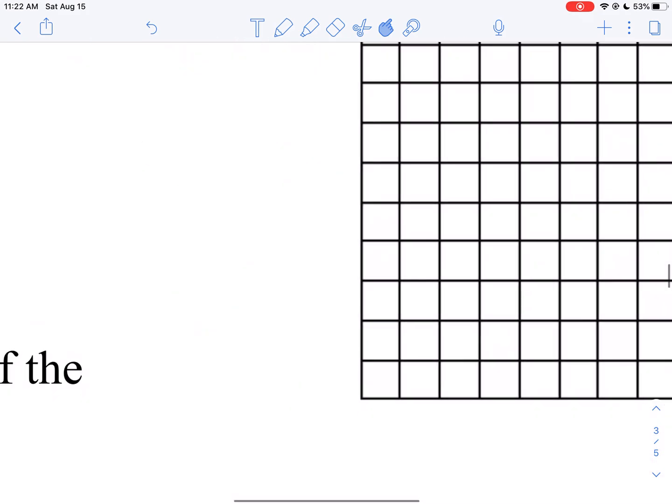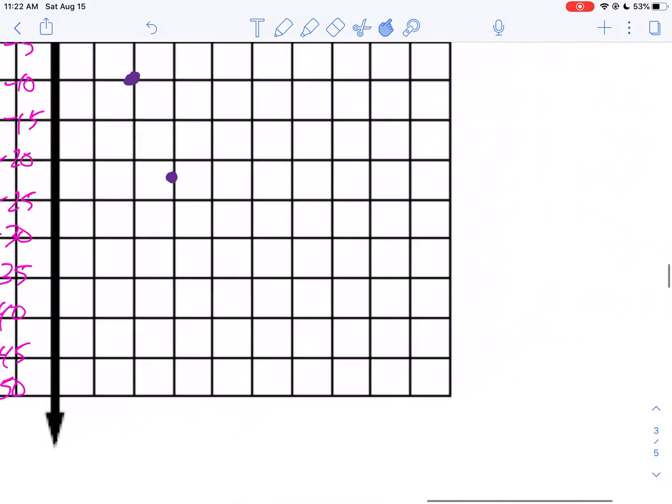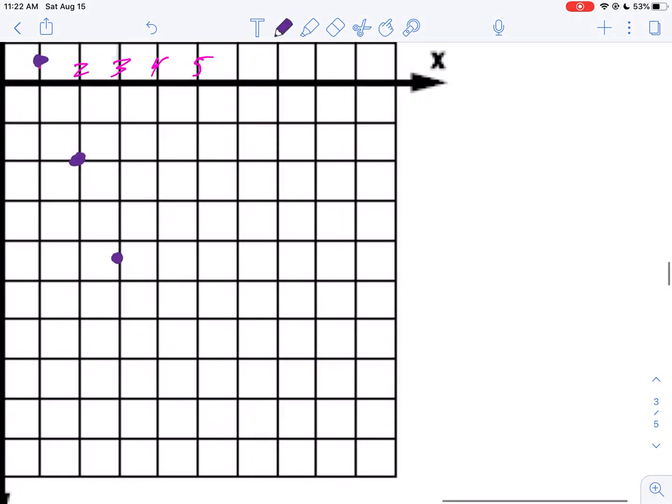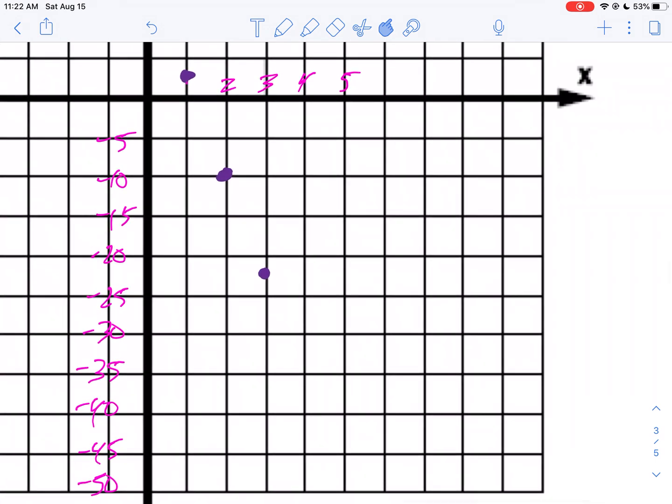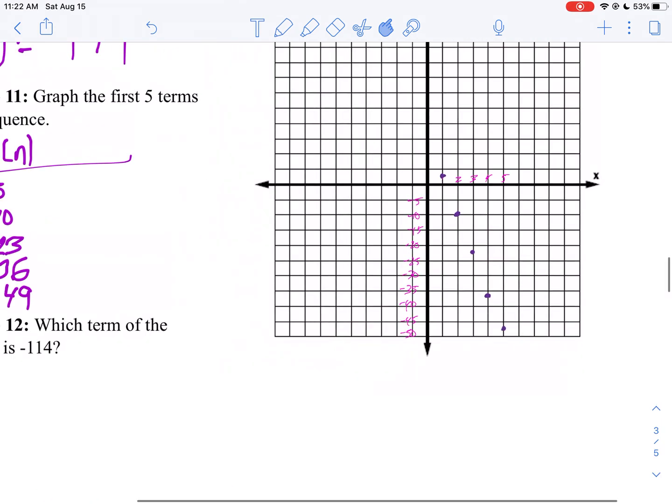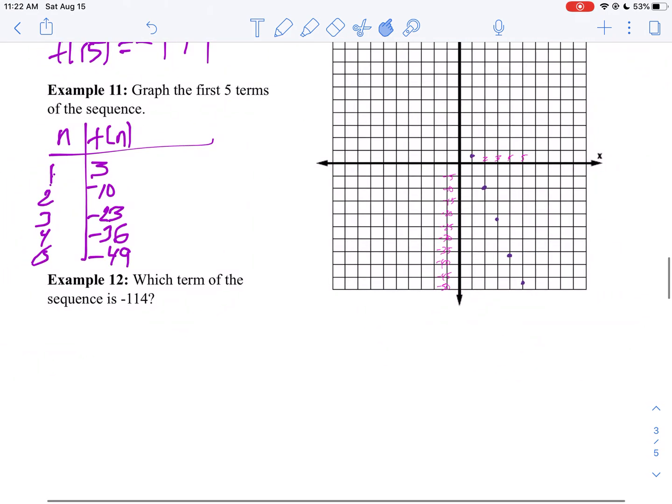Fourth term is negative 36. Whoops, can't see the numbers there. There we go. And my fifth term is negative 49. And we're done graphing, because we don't connect them, because your domain is just the integers.